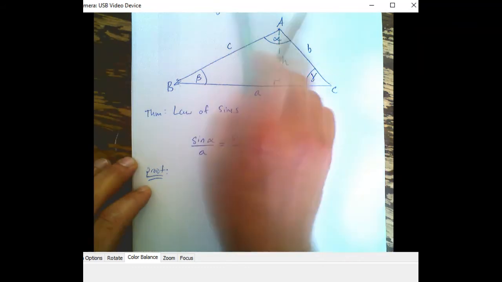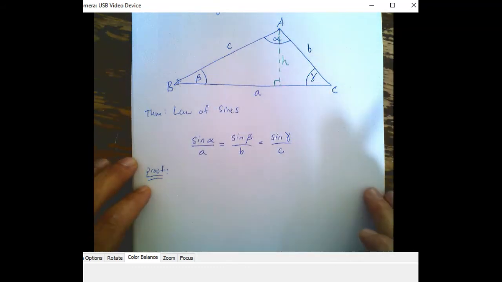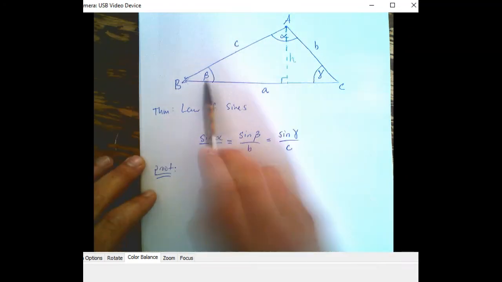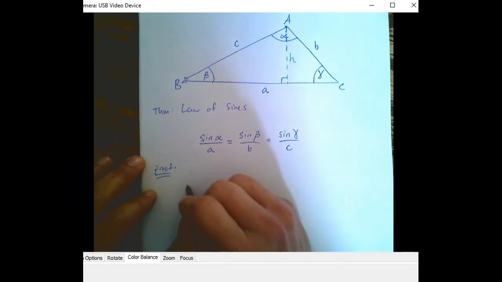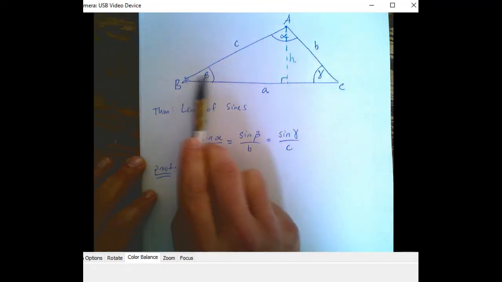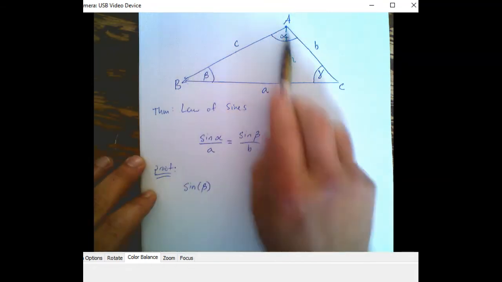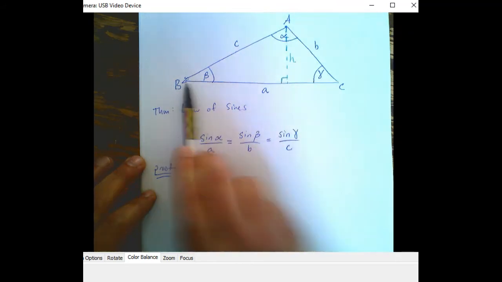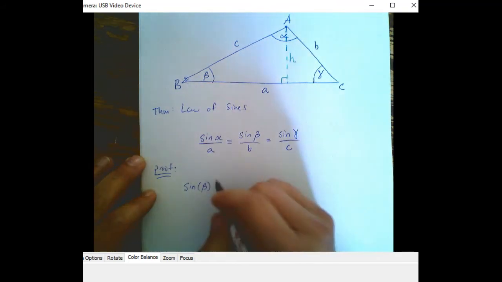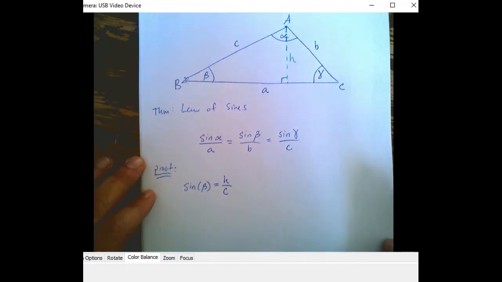Based on what we know from the last couple of sections, the sine of beta, the sine of this angle here, if we're just dealing with this right triangle, equals opposite over hypotenuse, so that would be equal to h over c.